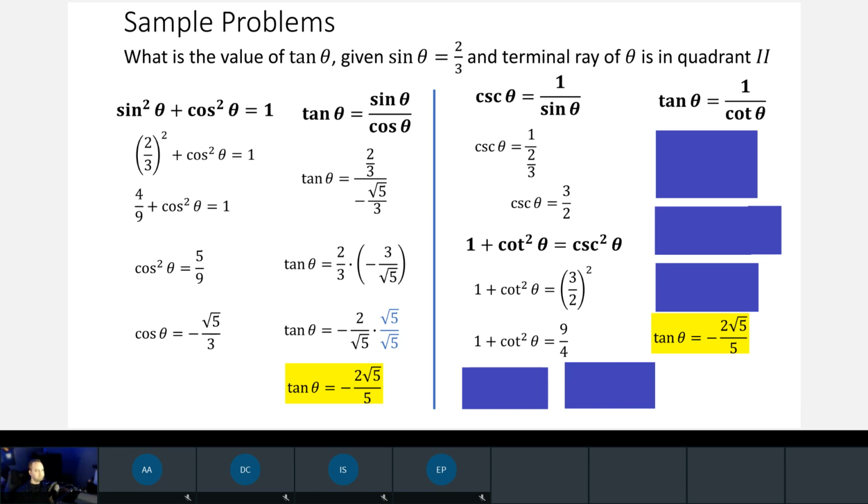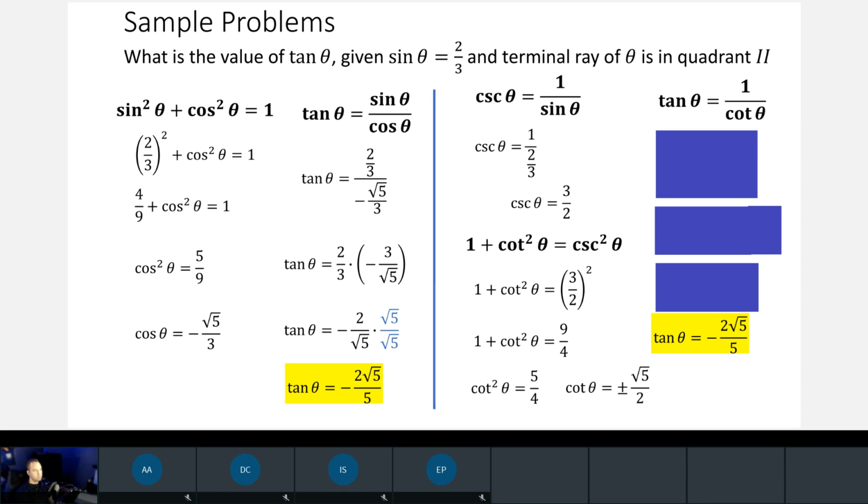Anyway, so we subtract 1 both sides. 9/4 minus 1 is 5/4. Then you square root both sides, and that's how you get rad 5 over 2. And it is plus or minus. We are in quadrant 2.